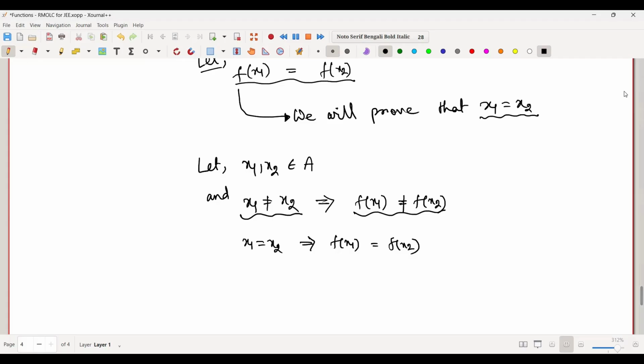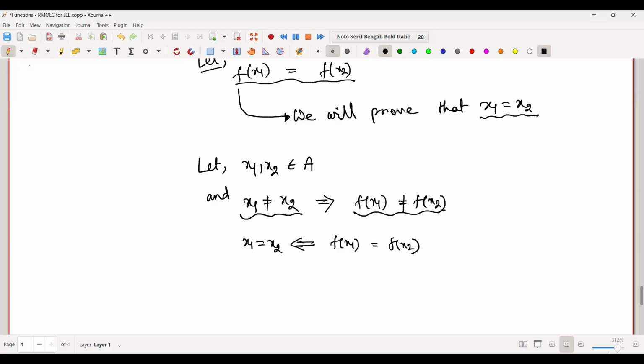Or actually, in reality we assume first that we don't assume anything about x1 and x2, then we let f(x1) be equal to f(x2), and then we prove the opposite part, that x1 equal to x2.